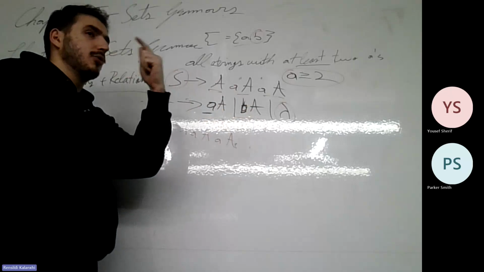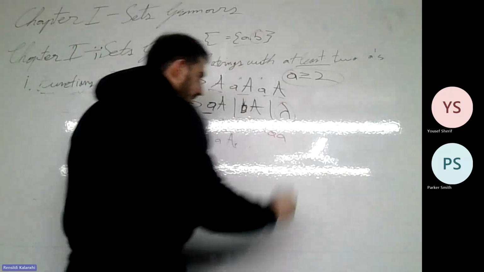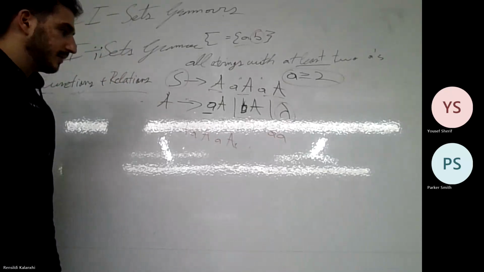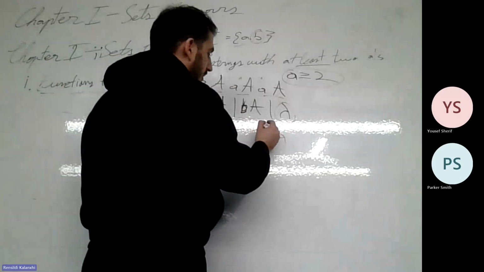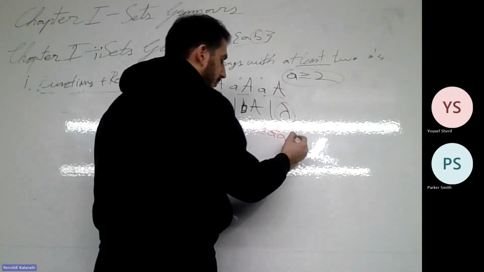let's say you want to include one B in this string, which is AA. You can put the B on the left side, in the middle, or on the right side.